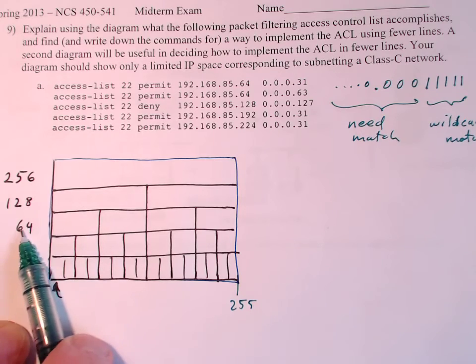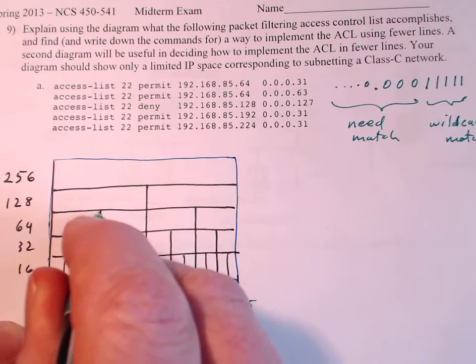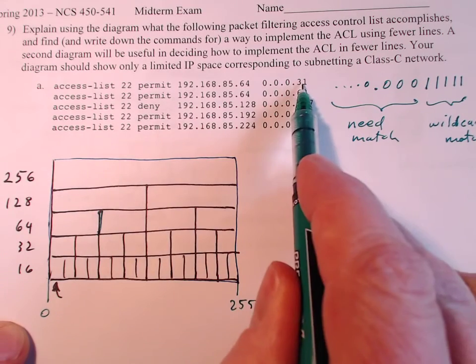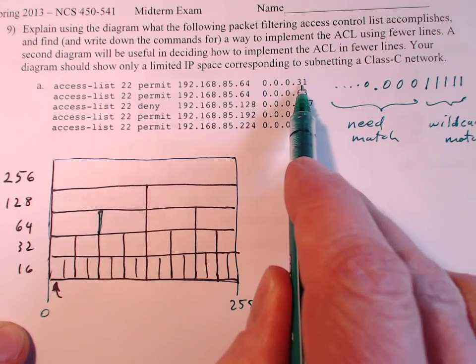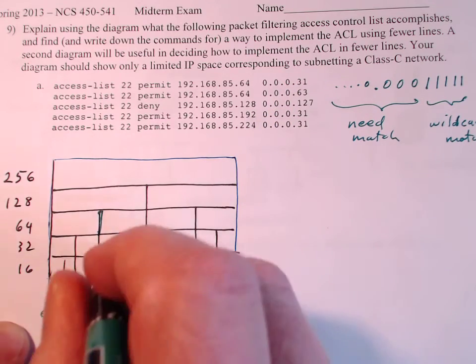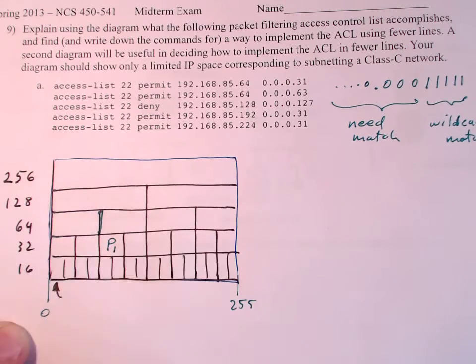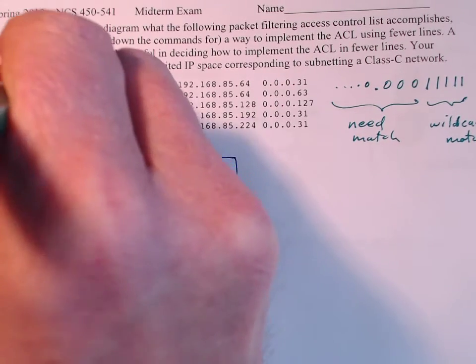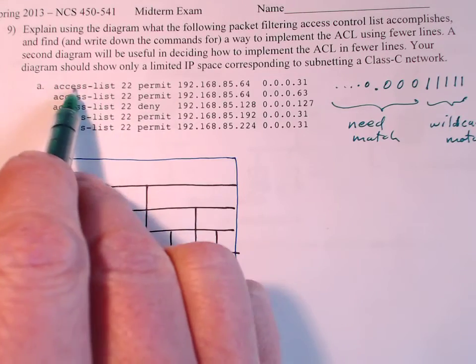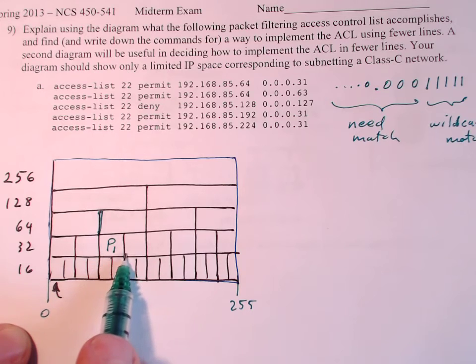You just go up to the row that has 64 on it, and that's the beginning of address 64. And we're going to match a block of addresses 32 wide. Well, here's the level at which we have blocks of 32. So this is going to be a permit. And I'm going to label it with a 1 because that's the first item in that access control list. So I'm going to permit that block of IP addresses from 64 up to 96.